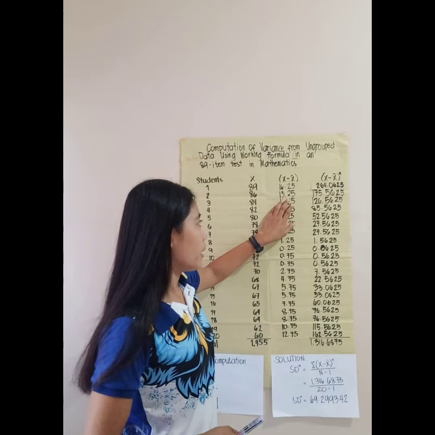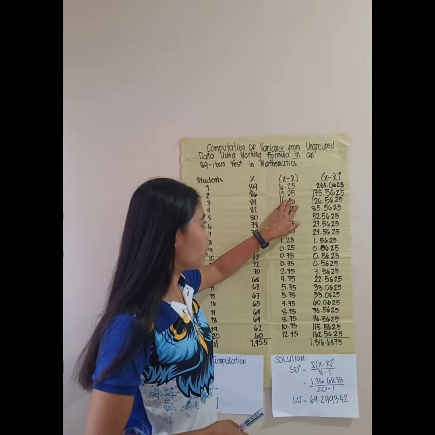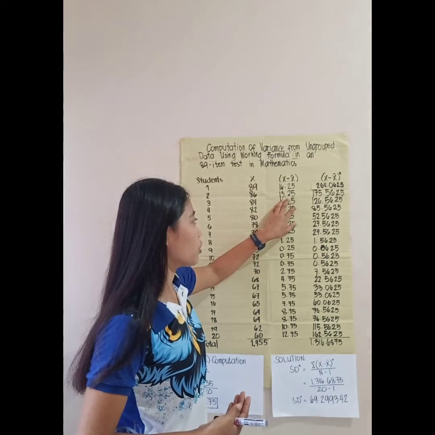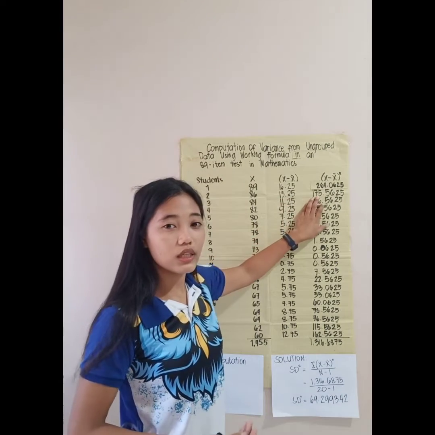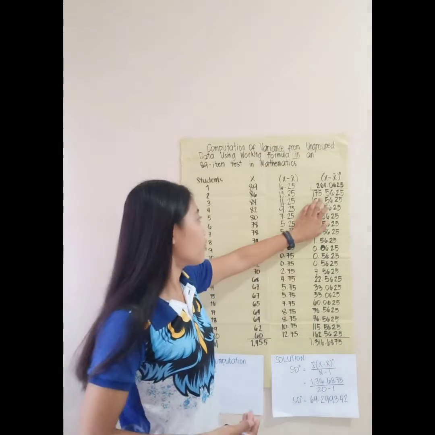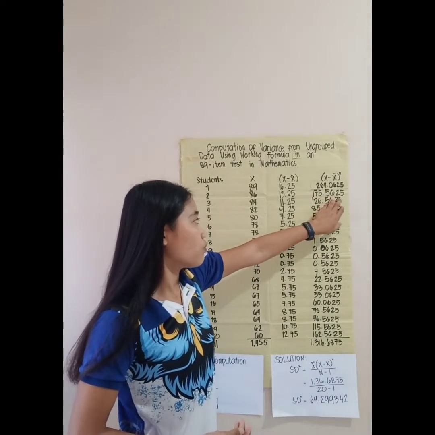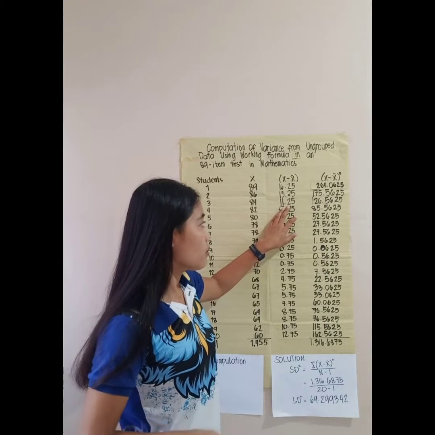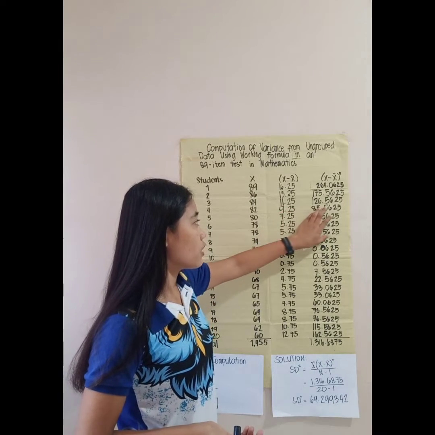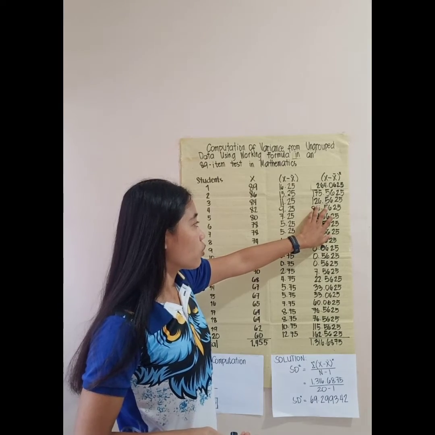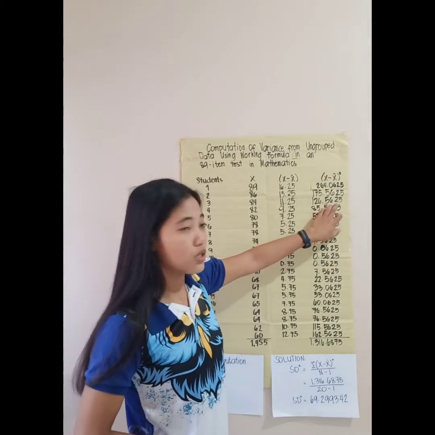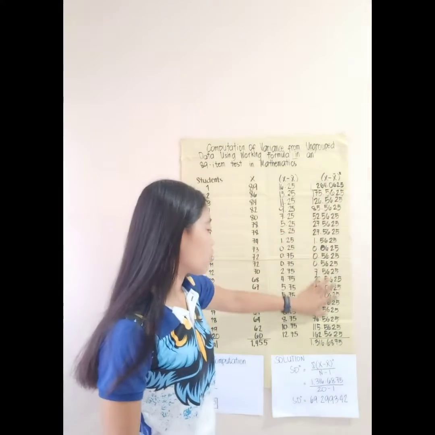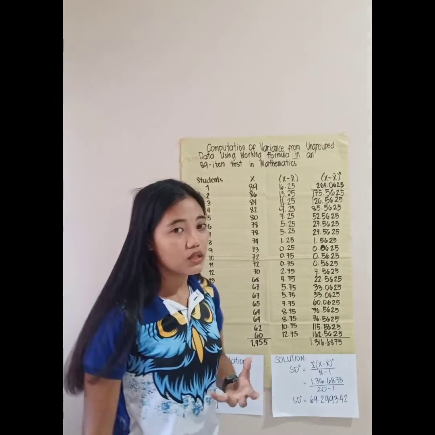Next, 13.25 times 13.25, the result is 175.5625. Next, 11.25 times 11.25, the result is 126.5625, and so on and so forth. Just repeat the process.